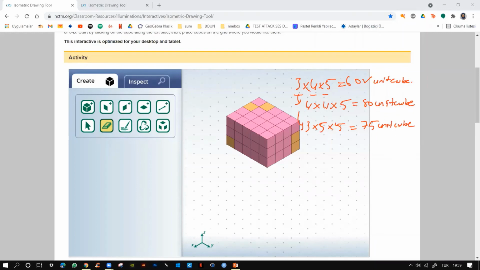The question asks at least, so we need this one. At the beginning we have 21 unit cubes. So I should subtract them. 75 minus 21, it is 54 unit cubes.